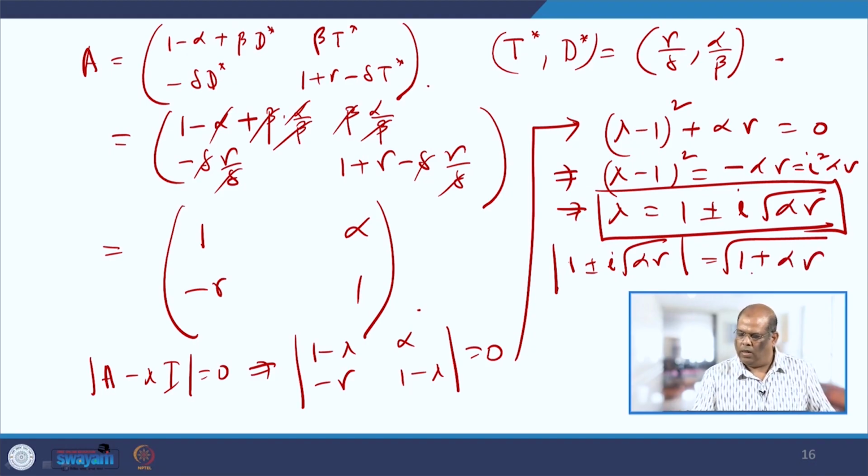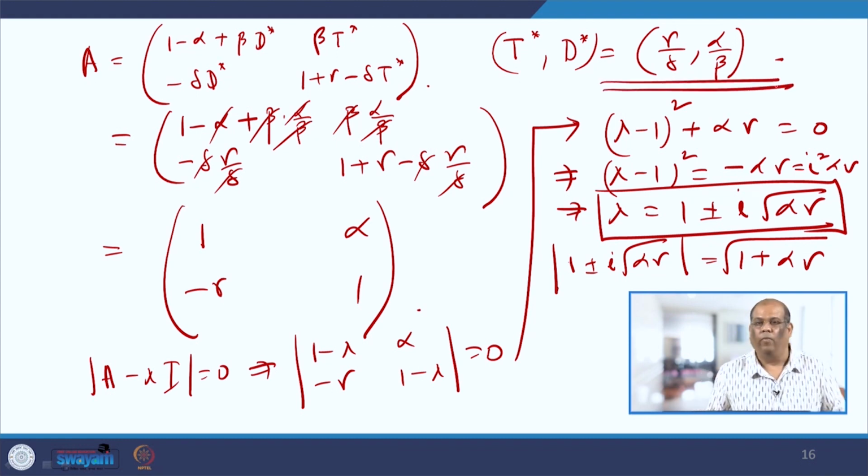Again, you can see that this will be greater than 1, and this alpha, beta, gamma, delta, they are positive and lie between 0 and 1, and hence the modulus of this is greater than 1, and hence this system is also unstable at the non-zero equilibrium point. So this model, the nonlinear one, is not a very good model. As you can see, whatever equilibrium points we have, the whole model is unstable no matter what the parameter values are.